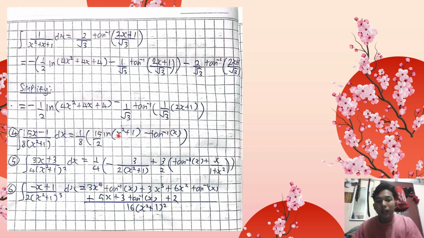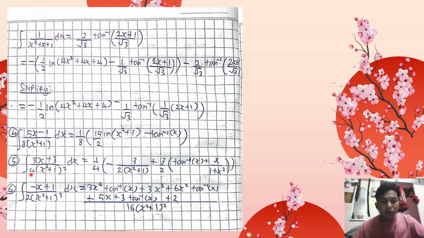And then for another question, we can integrate 15x minus 1 over x times (x squared plus 1) dx, equal to 1 over 8 square root 15 over 2 ln(x plus 2) to the power of 2 plus 1, minus arctangent x.